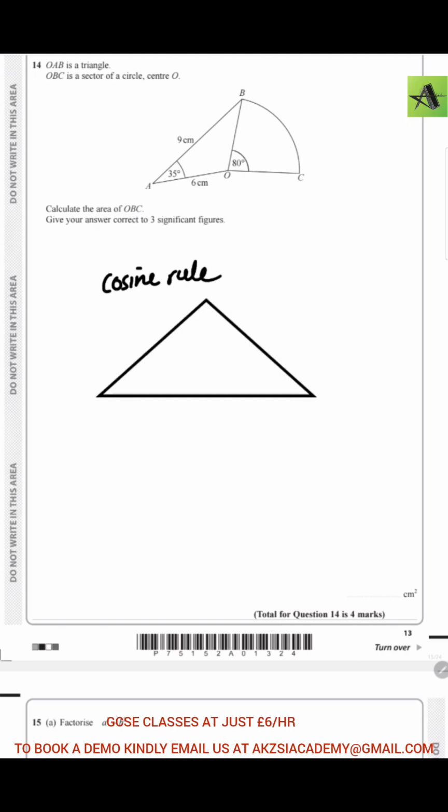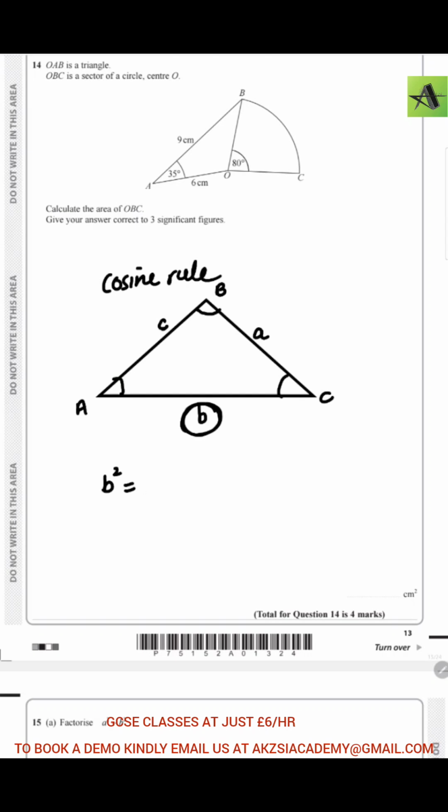Now cosine rule says, let's say this is a triangle. Same I'll do, that means angles A, B and C. Side opposite to angle B is B. Side opposite to angle C is C. And side opposite to angle A is A. Now, cosine rule says, let's say I want to find this side, which is B. So I'll write B squared here, equals, because I want to calculate this side.